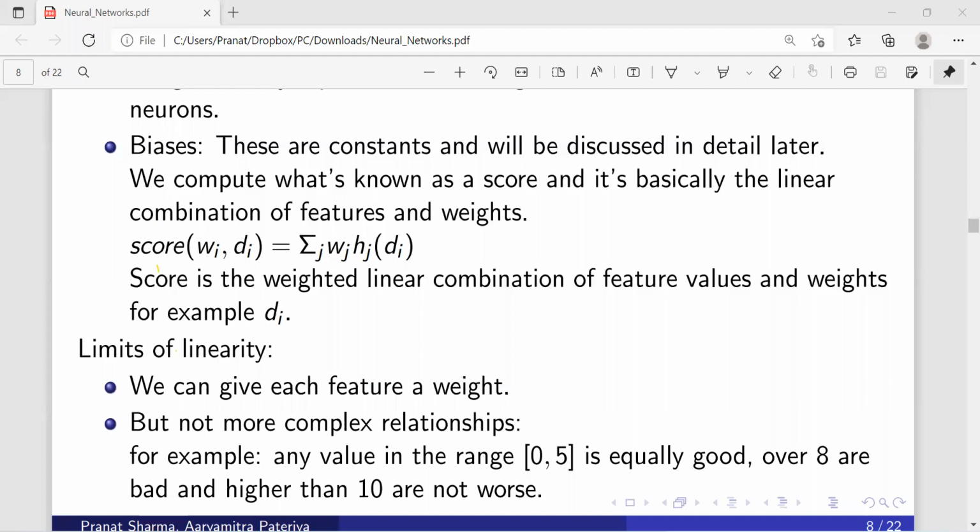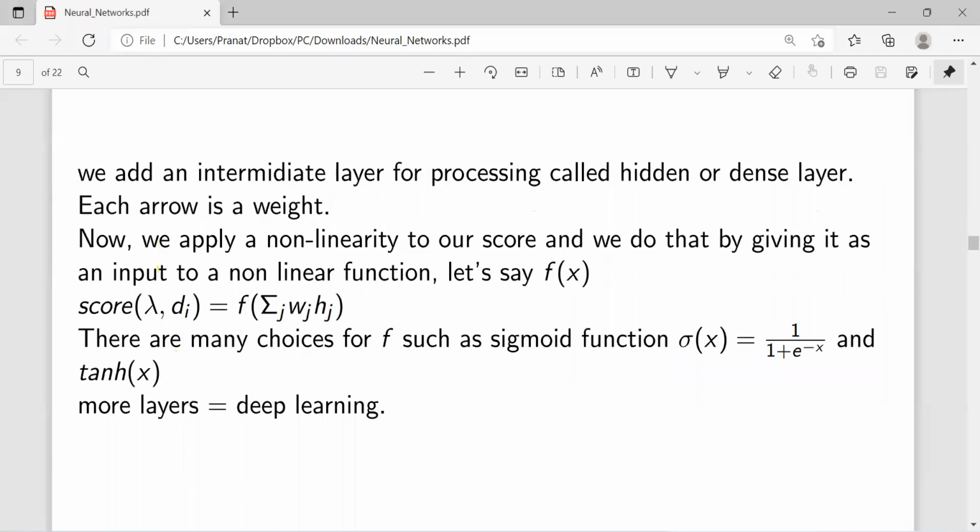Thus, to resolve this, we go to non-linear models. Basically, in a non-linear model, we take our score and apply a function to it, a non-linear function, which is known as a non-linearity. We have computed our score W1 H1 plus W2 H2, and we apply a non-linearity.